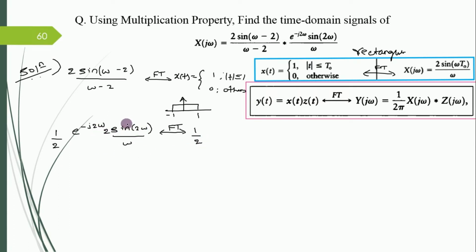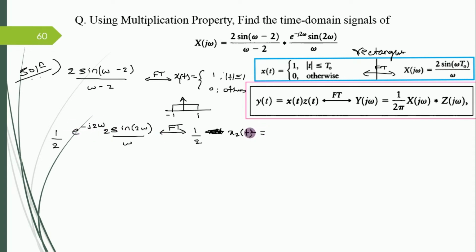Now for this, x of t, I can write it the other way. Let me write it as x1 of t. It has x1 of t, x2 of t as 1 by 2 into x2 of t, as here there is the component.